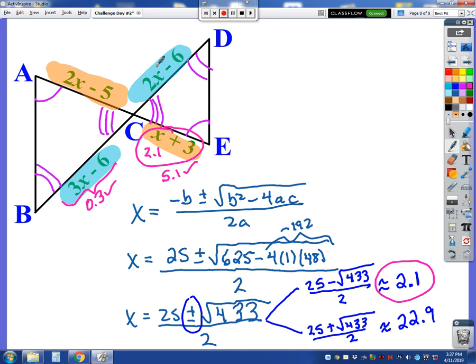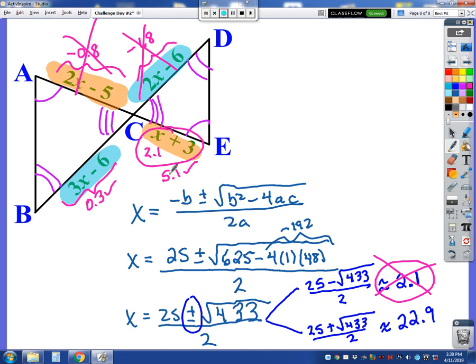If I put in 2.1 up here, 2 times 2.1 is 4.2. 4.2 minus 6. Ooh, negative 1.8. And we're also going to see the same kind of thing happen here. 2 times 2.1, 4.2. 4.2 minus 5, negative 0.8. So definite no-nos here. When I plug in that 2.1, I am not getting positive lengths overall.